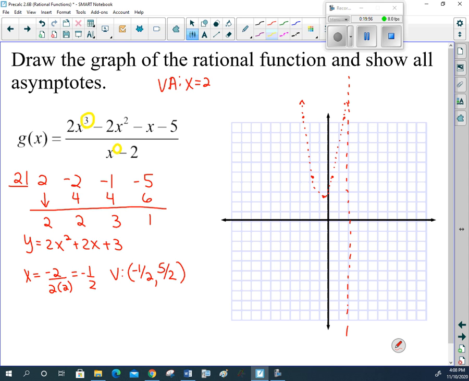Now we're kind of running out of room on our graph paper, but if you look up here, if we were to follow this out, this kind of makes an X up here at the top of the graph paper.